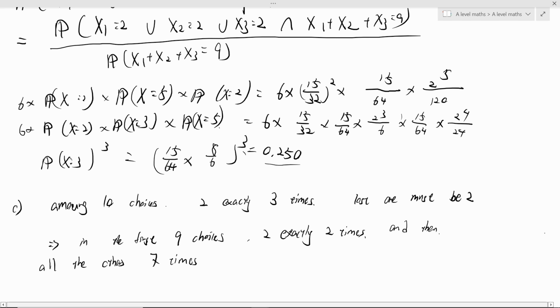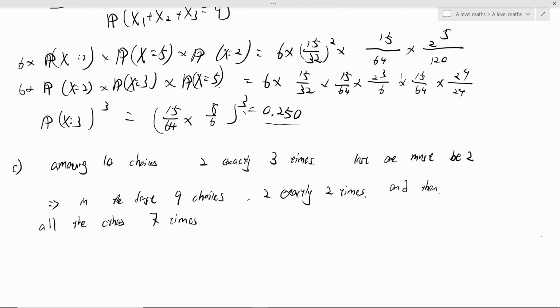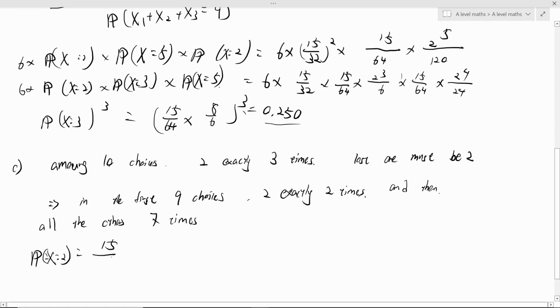To simplify that for this model, we can basically write it as P(X=2) and P(X is not 2). So we know P(X=2) would be 15/32, and then P(X is not 2) should be 17/32.